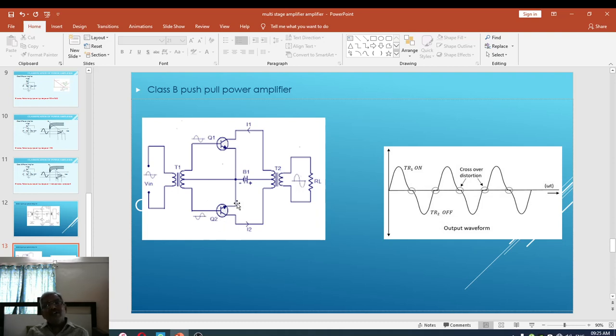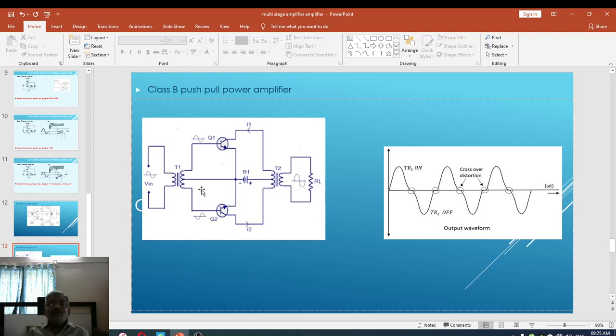It doesn't allow collector current to pass through the output; it acts as a pulling transistor. Thus IC1 flows through the upper half of the primary winding of the transformer T2, and no current flows through the lower half of the transformer.